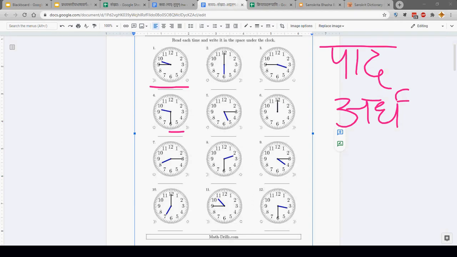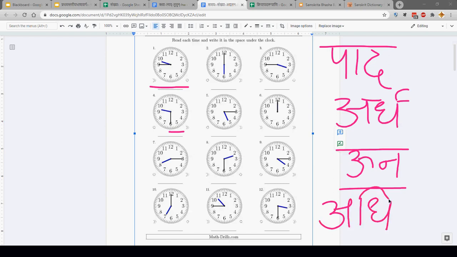Now, in the past slide, I also said una, like ekona was there. Ekona vimshatihi. Una means less. And just now I used the word adhika for more, right? So using these four words, we can make up quarter past or before, quarter less, or half past or half before. We can make those words.